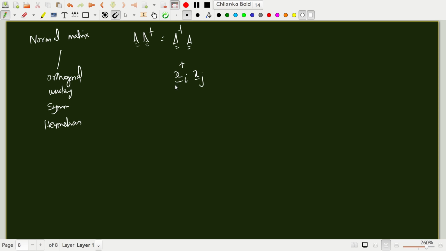Sorry, a normal matrix is supposed to have a set of linearly independent eigenvectors. Okay, and if that happens to be a set of orthogonal eigenvectors, then x_i dagger x_j is delta_ij.